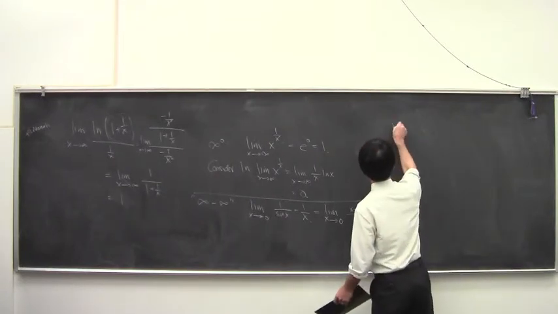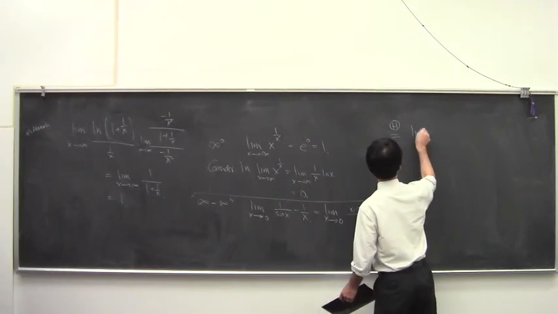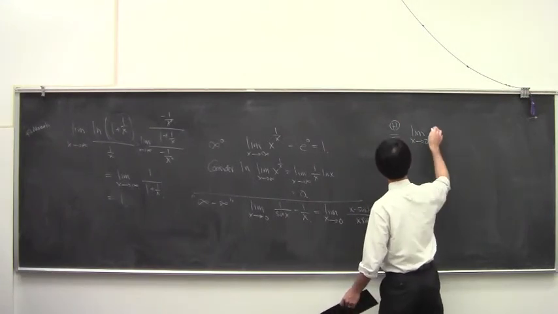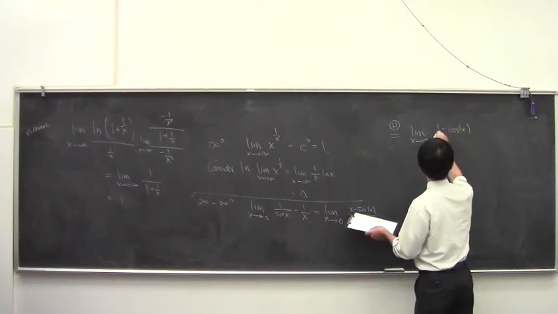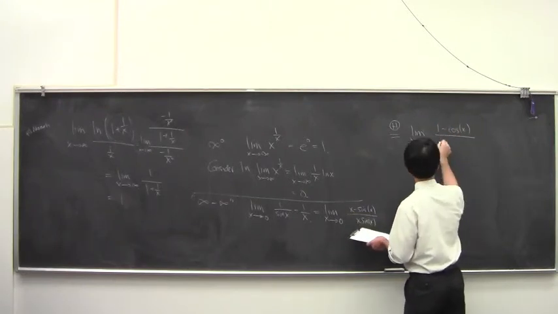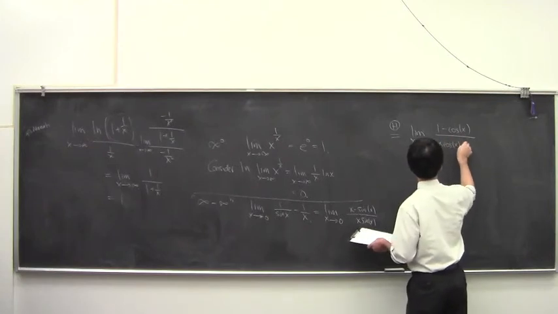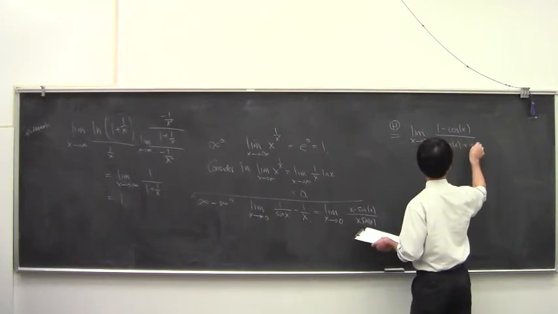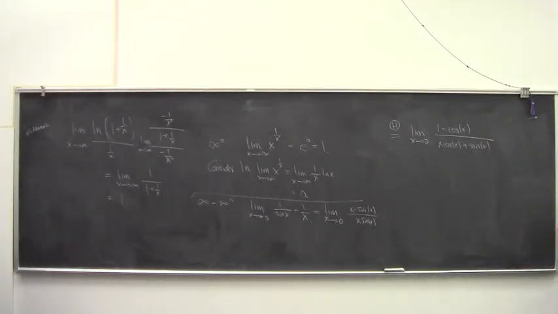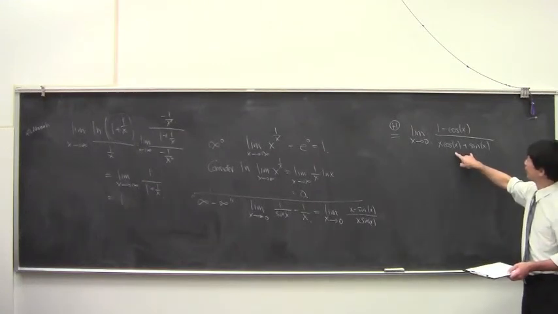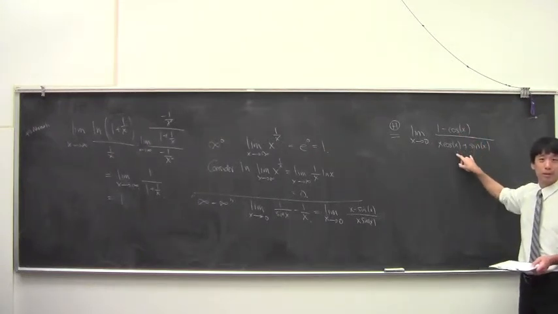So it equals, by L'Hopital's rule, let's look at the derivative of the top. We get 1 minus cosine over the derivative of the bottom, first times the derivative of the second, plus the derivative of the first times the second. But you see what happened there. You're going to end up with, again, 0 over 0.